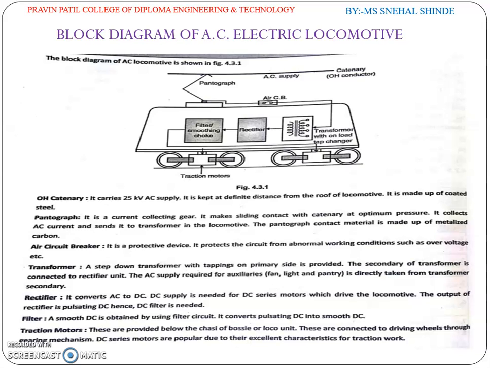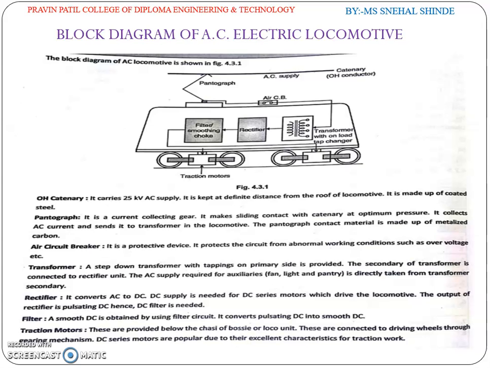It is made up of coated steel. Pantograph: it is a current collecting gear. It makes sliding contact with the catenary at the optimum pressure.